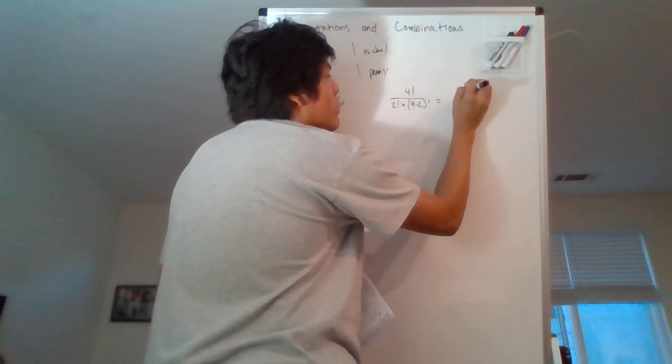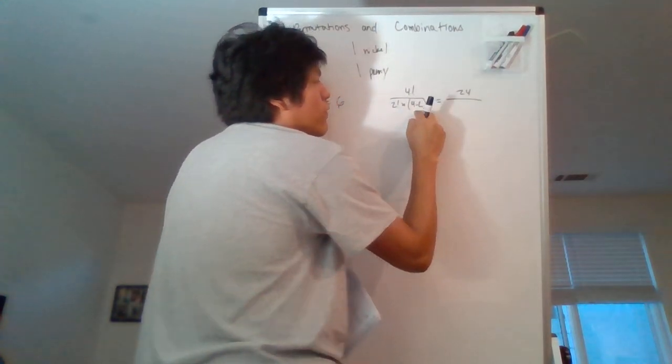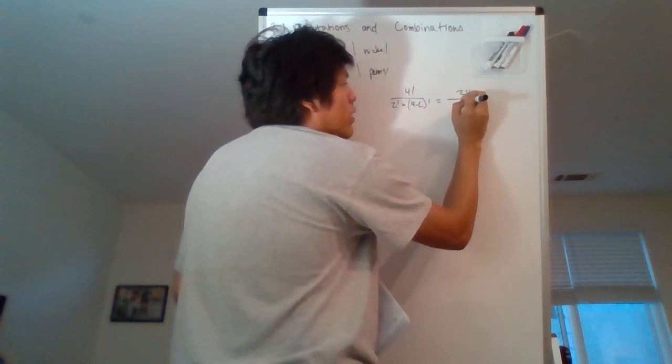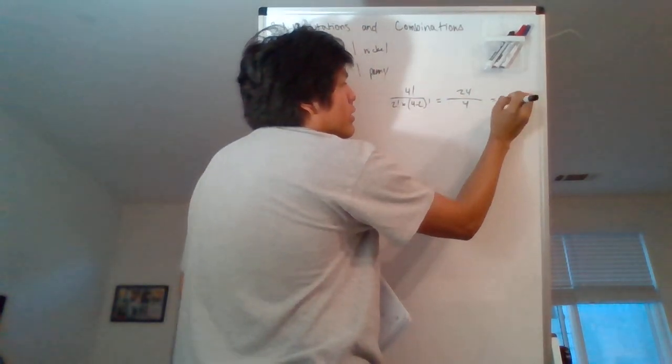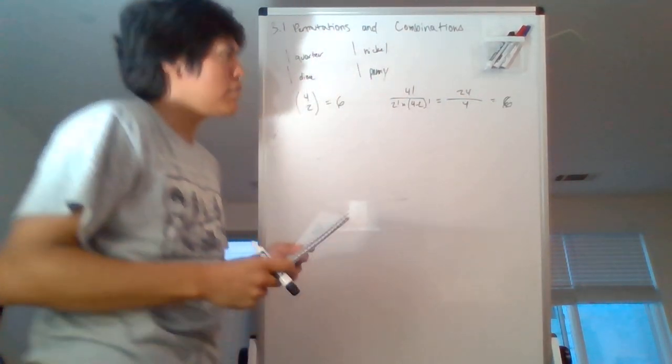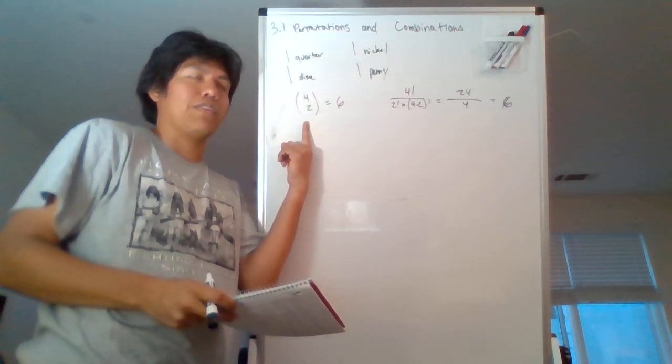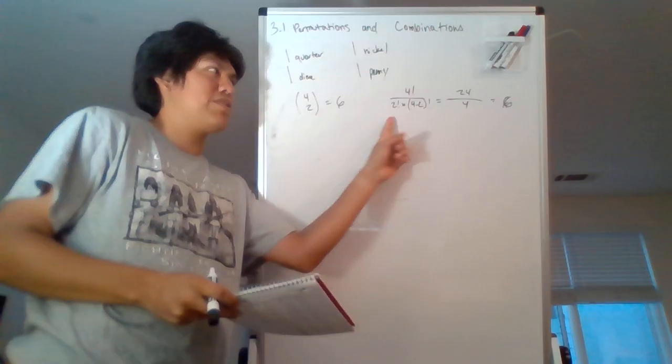So that is 24 over, 4 minus 2 is 2, 2 factorial is 2, 2 times 2 is 4, and that's 6. And this is what you would put in your calculator if you wanted to find that also. This is just like the written out form.